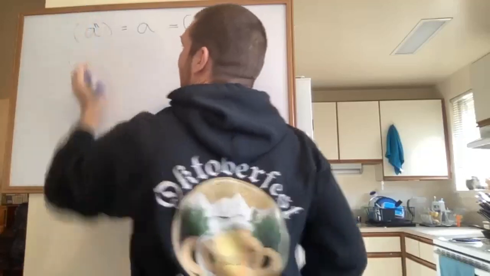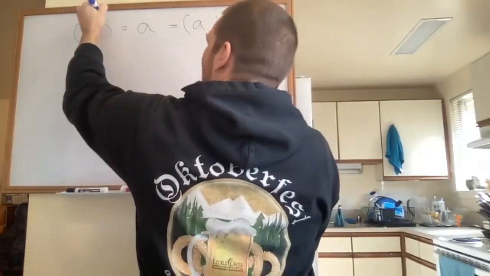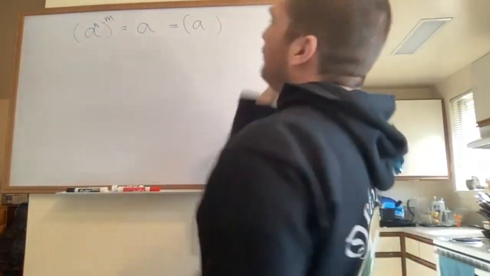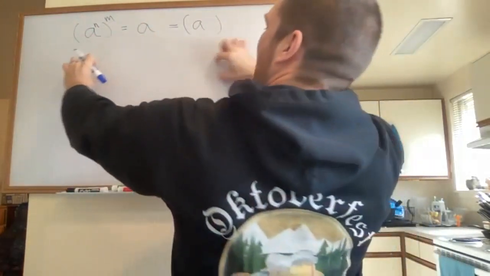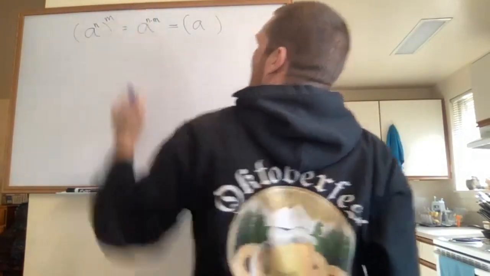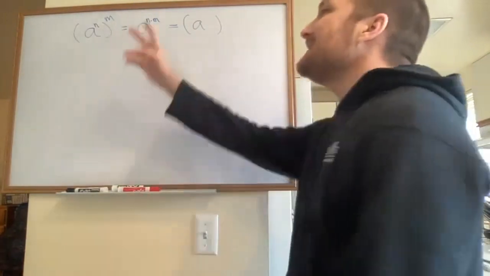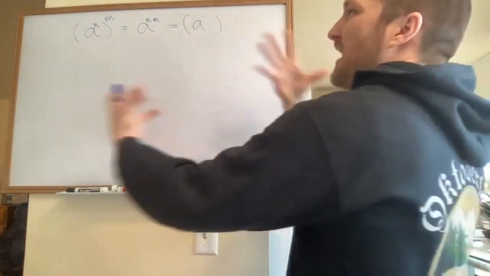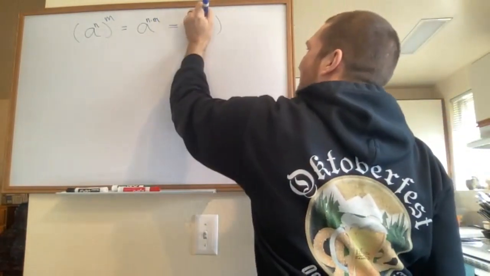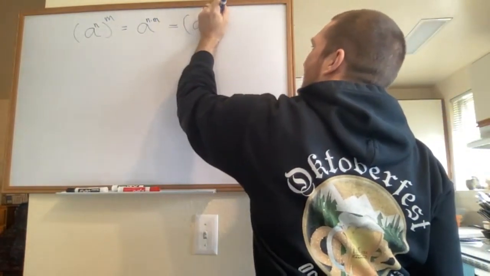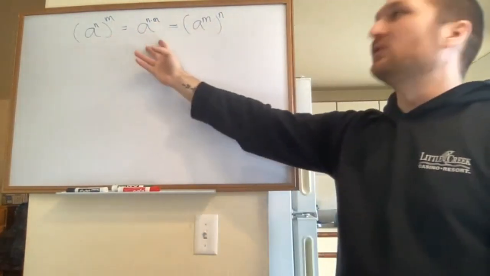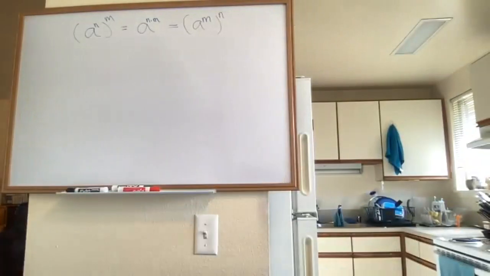So if I have a to the n, I have n a's, and then I take that and repeat that m times, then the total number of a's that I'm multiplying by each other is just whatever n times m is. Since that's the case, I can regroup that into groups of m, and I will have a total of n groups of m.